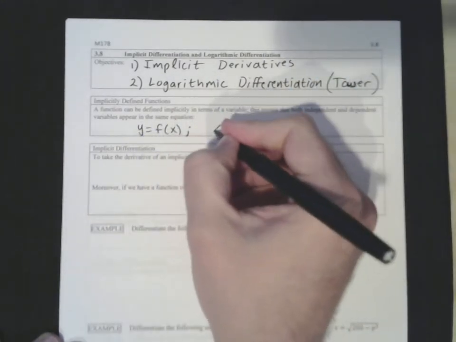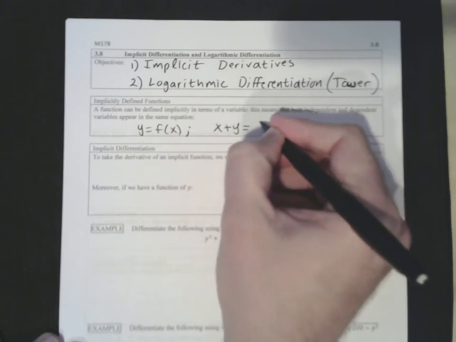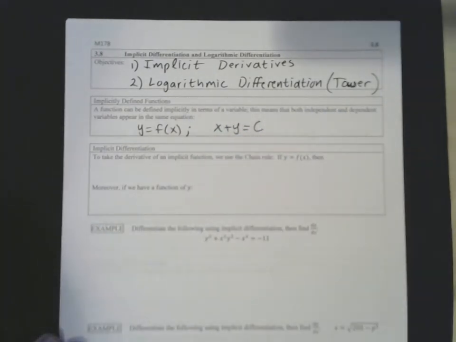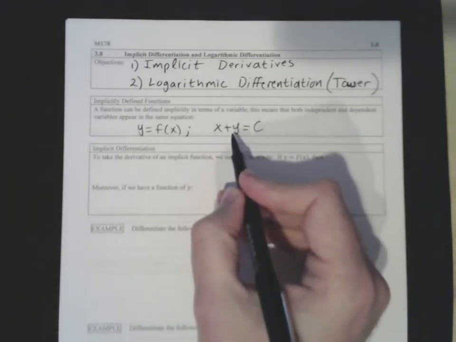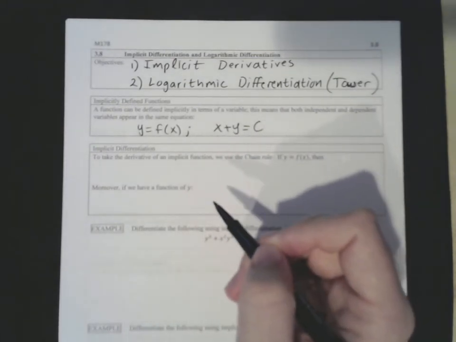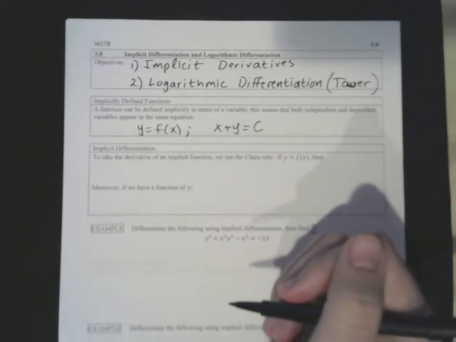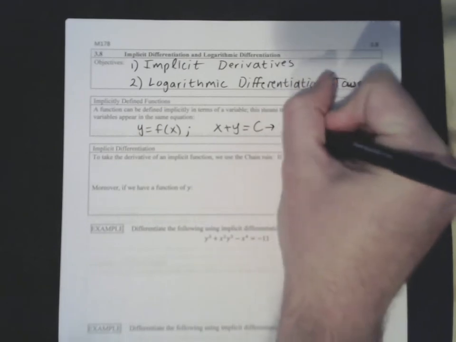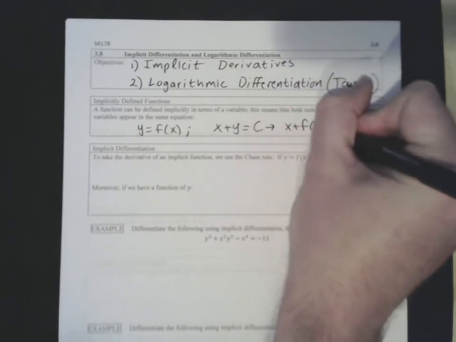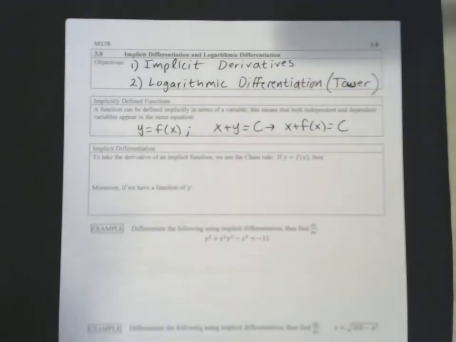So something like x plus y equals c. This is an implicit function. Now if we solve this explicitly for y, we have an explicit function. y equals a function of x. But here what we're saying is we could really write this as x plus f of x equals c.